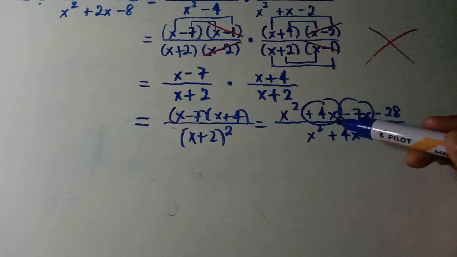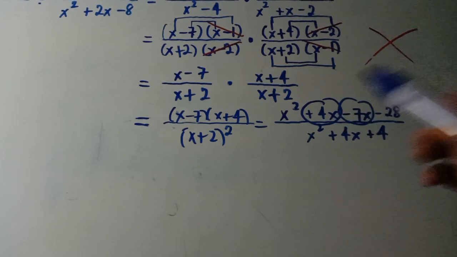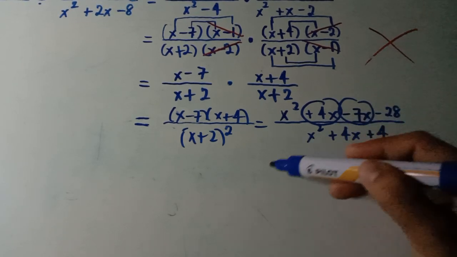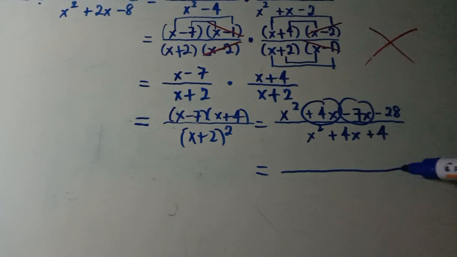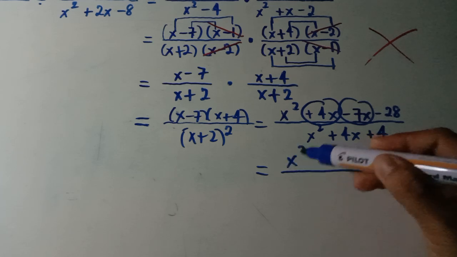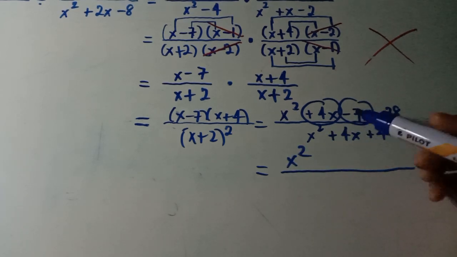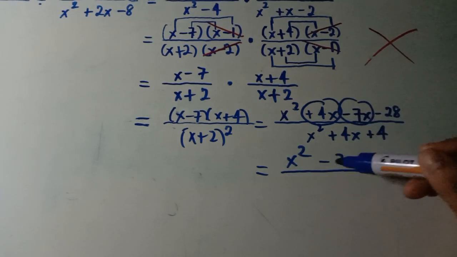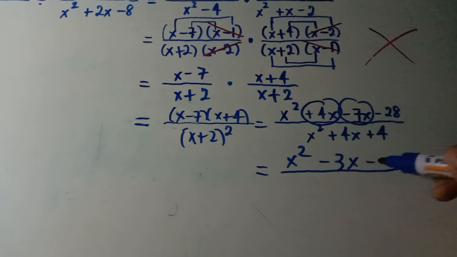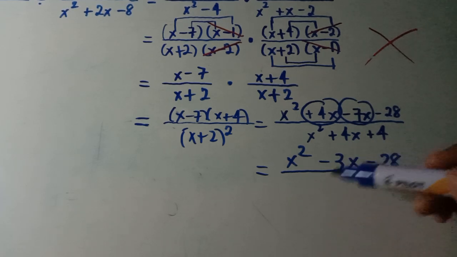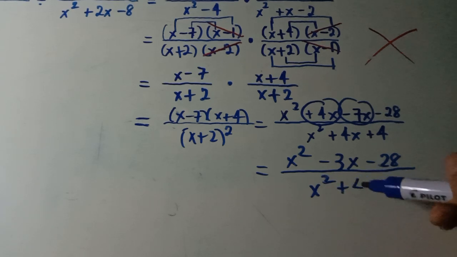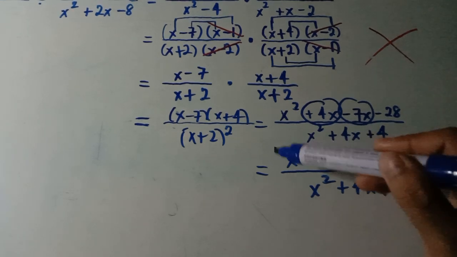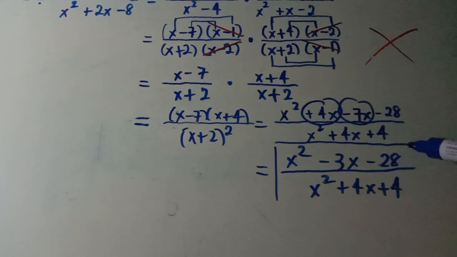Si inner o si outer terms. So, kung i-combine na sila duha, mahimo na x squared minus 3x minus 28 over x squared plus 4x plus 4. And this is the final answer.